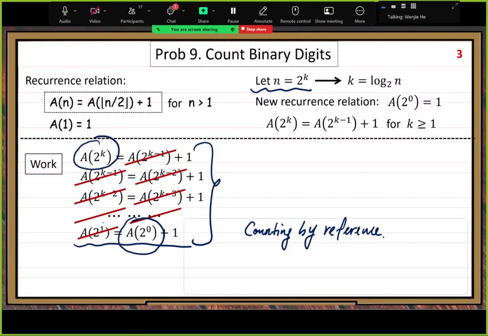So for this equation, let us use the exponent number as the reference. You can see each equation corresponds to an exponent number from 1 through k. So then the number of equalities, there are k equalities.